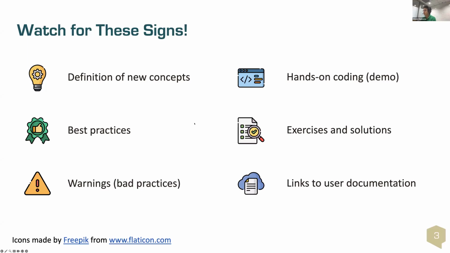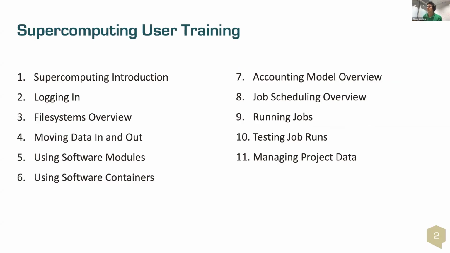too many questions about the icons. The 11 topics are a brief introduction and how to log in. So those are listed. I guess all are important, but this part of running jobs and the scheduler is sort of the main part of the training.